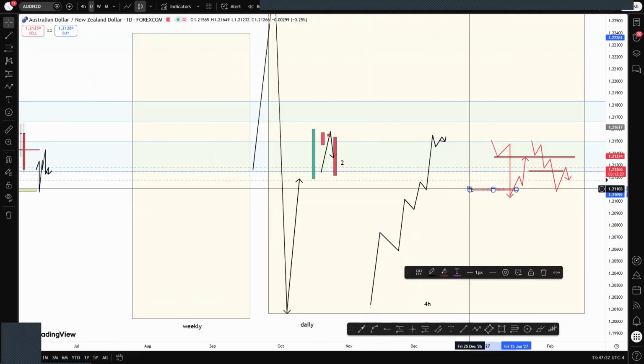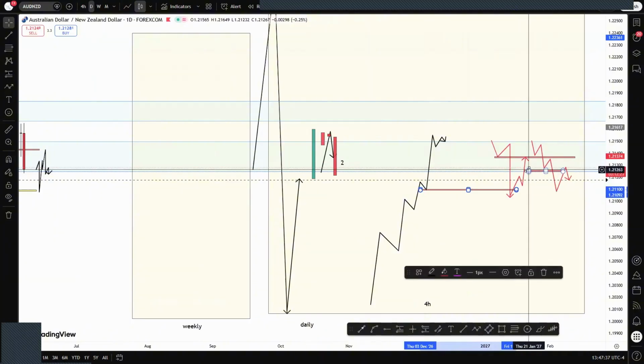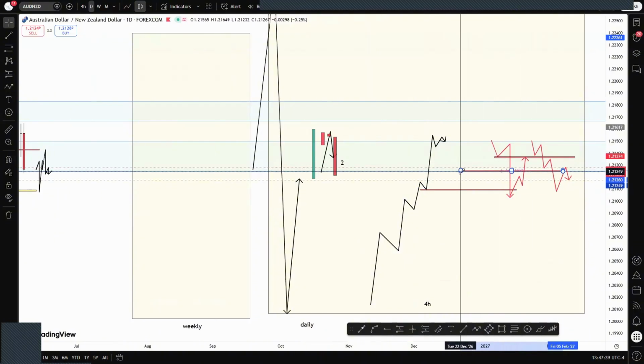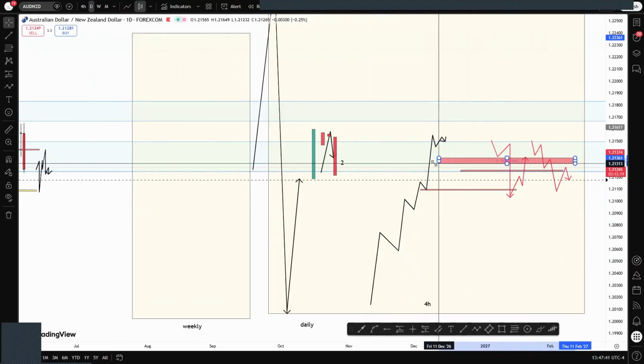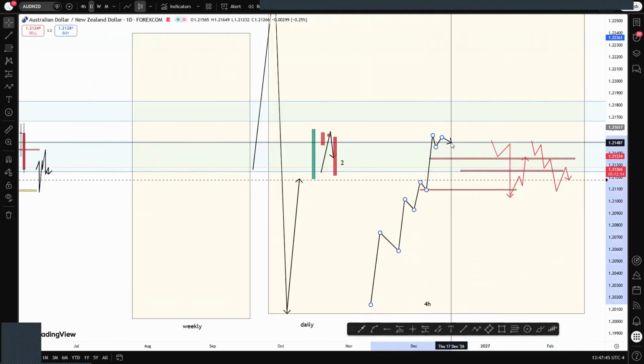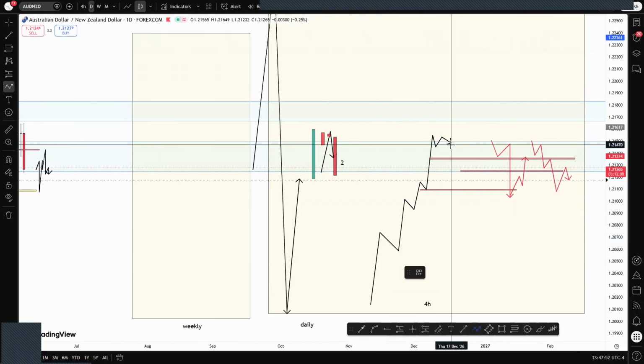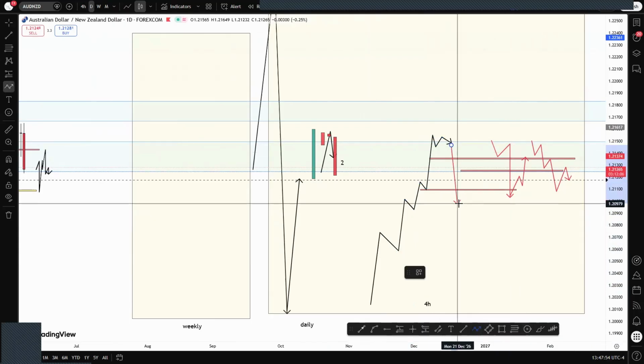So you can have more scenarios too. Okay, it's all starting from this point. Price can also have something like this. The break.